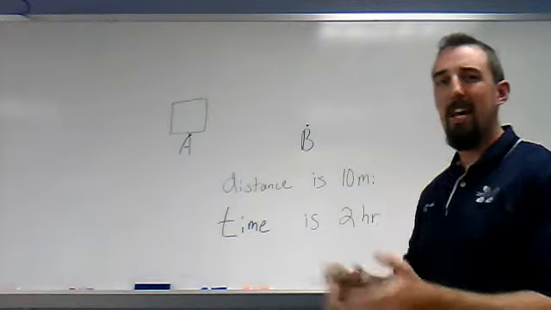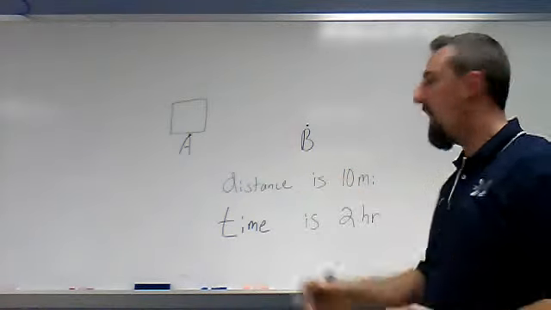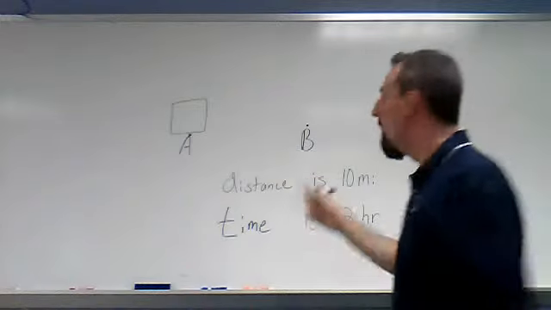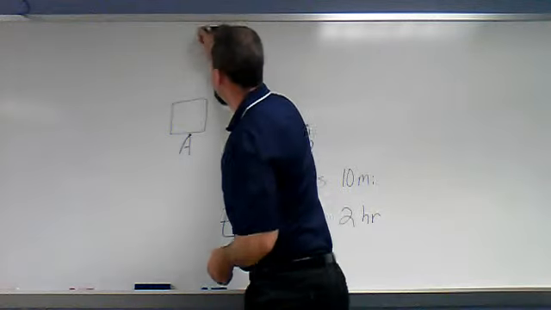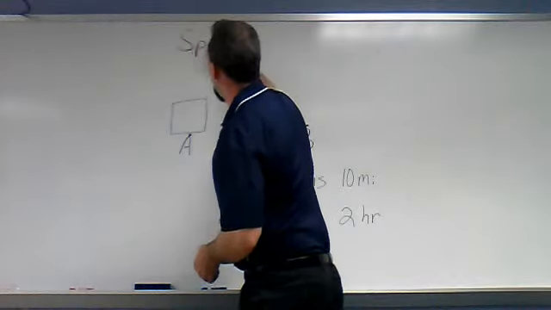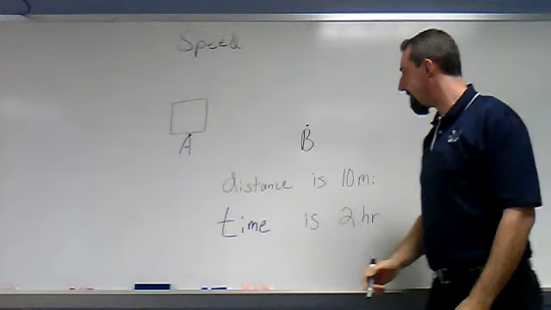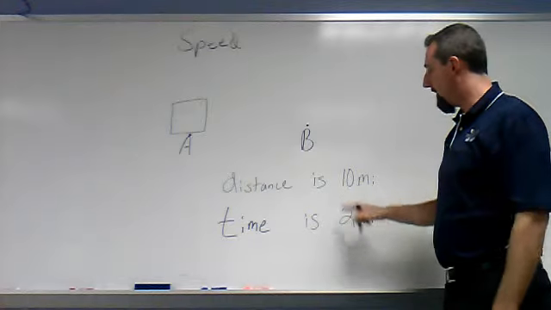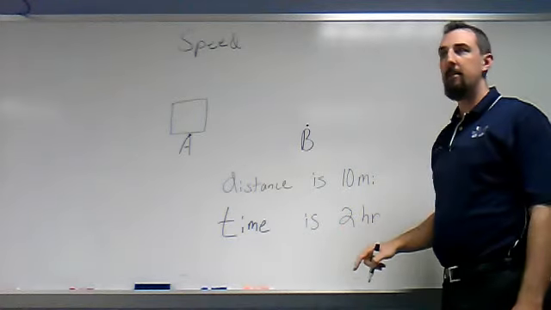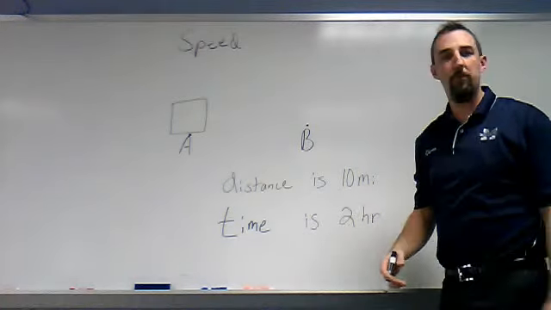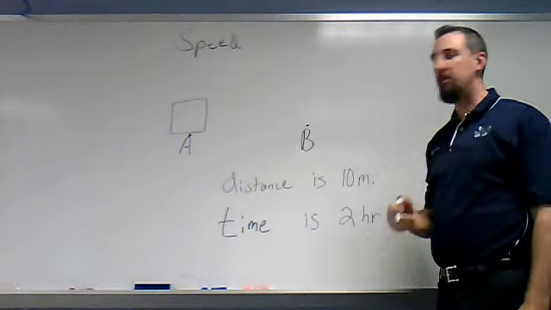So, again, I don't care about fast or slow. I want to know this other thing, what we're going to call speed. So let's go up here and write speed. So what is speed? Well, let's see. We went 10 miles in 2 hours. Now, that gives you a sense for what speed is or how fast this is moving.